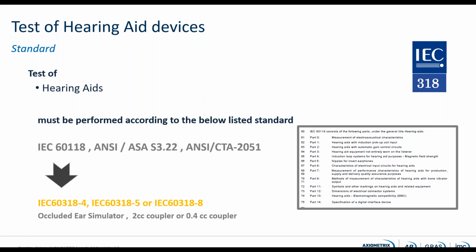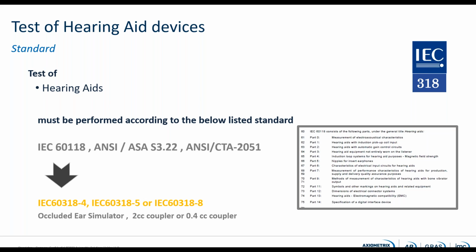This is a standard for all different types of couplers and ear simulators. The standards of interest when we are talking hearing aids are actually the IEC 60318-4, the standard for the occluded ear simulator. It's also the standard called IEC 60318-5.